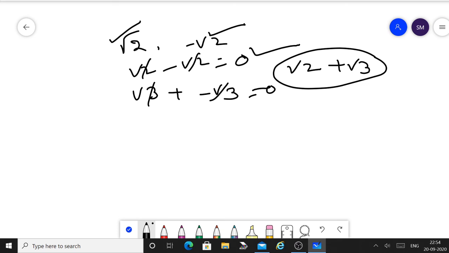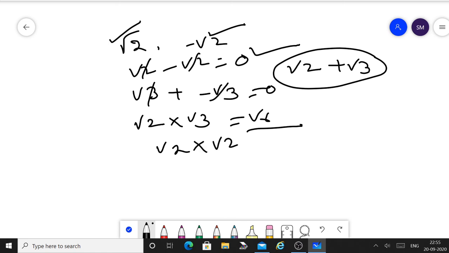And next, product. Root 2 is an irrational number, root 3 is an irrational number. Root 2 into root 3 is root 6, also an irrational number. But root 2 is irrational and root 2 is irrational. Root 2 into root 2 we get 2, a rational number. Then division.